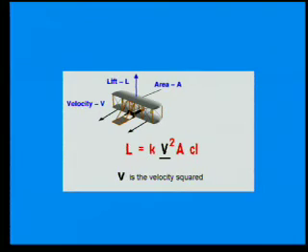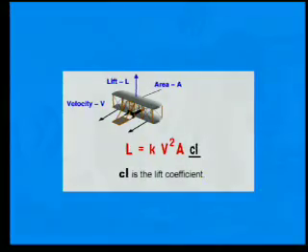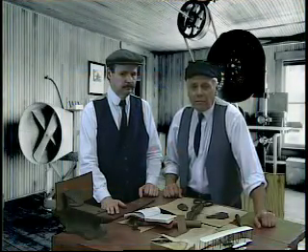Those are exactly the same thing. A is the projected area of the wing surface. Projected area is the area you would see if you were looking down on the surface from above. The final factor is CL, the lift coefficient. This is a complex factor that includes a number of variables such as the shape of the wing and the angle of attack. It's usually determined experimentally.